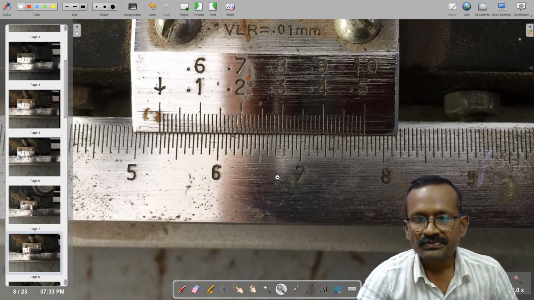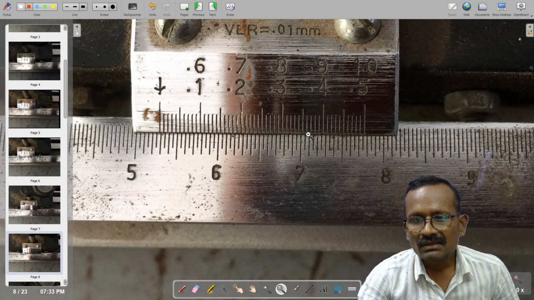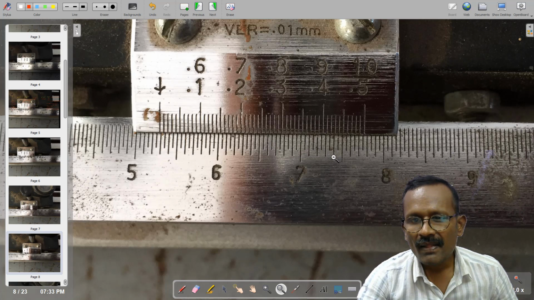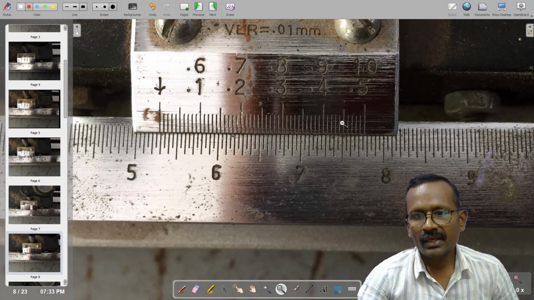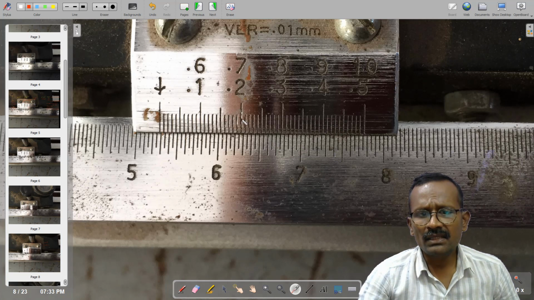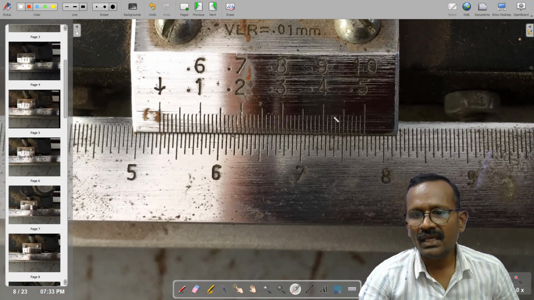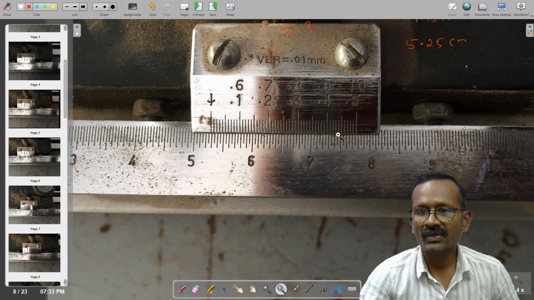From this image, I think we can tell this one, or the 45th one. 10, 20, 30, 40, 45th one.